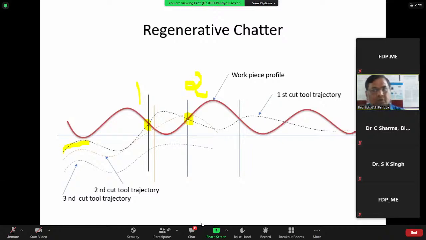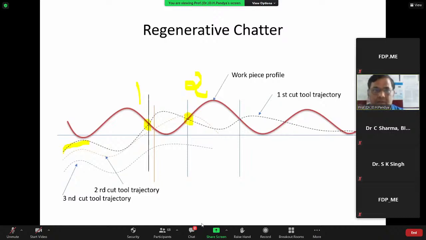Whatever models are available at present are all with a lot of assumptions. As we are aware, models are generally prepared with assumptions, and they consider linear variation in chatter.